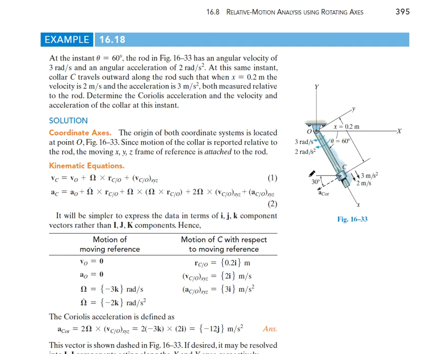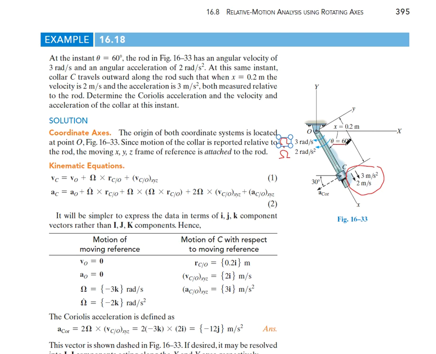This is actually the case of this problem here, sample problem 16.18, where we have a rotating collar. It rotates clockwise, so this would be the capital omega, and this is capital omega dot. Okay, and it's moving outwards.